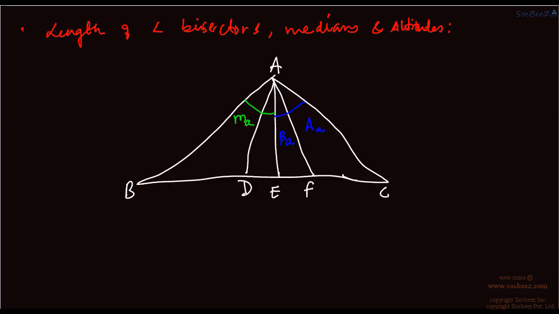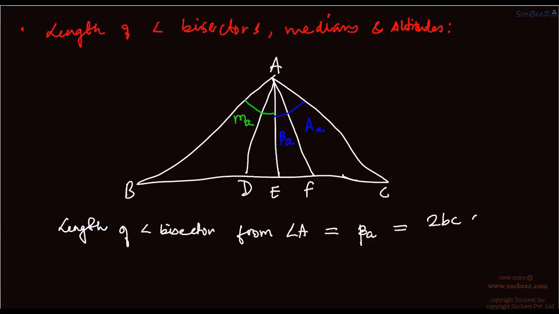Now the first formula is length of an angle bisector from angle A we are talking about, that will be beta A. Okay, that is equal to 2bc cos A by 2 upon b plus c.